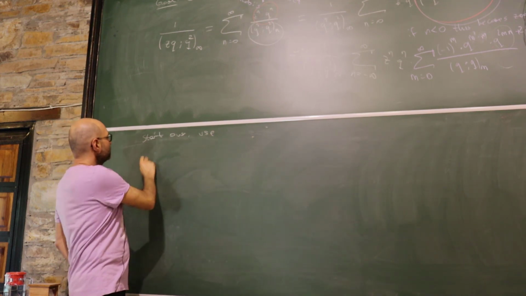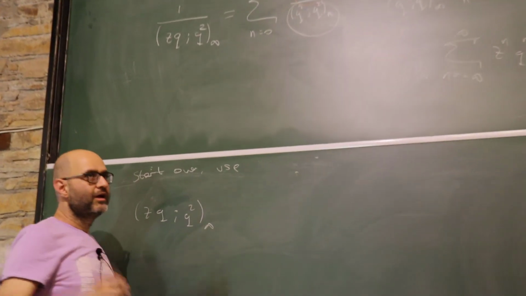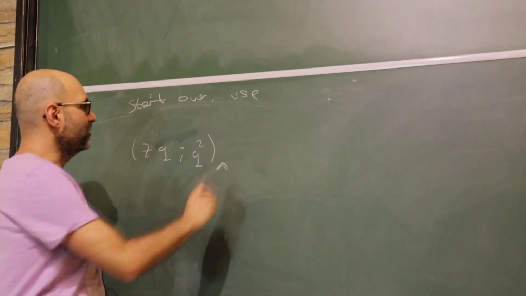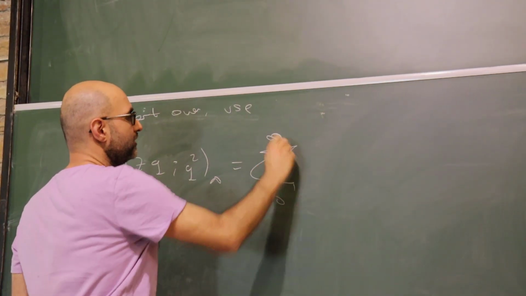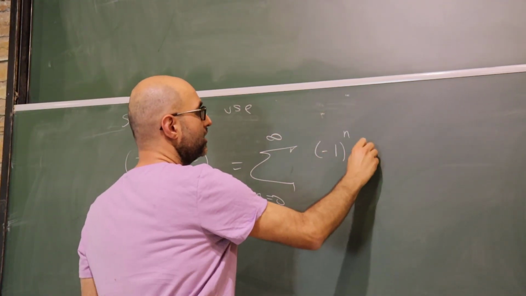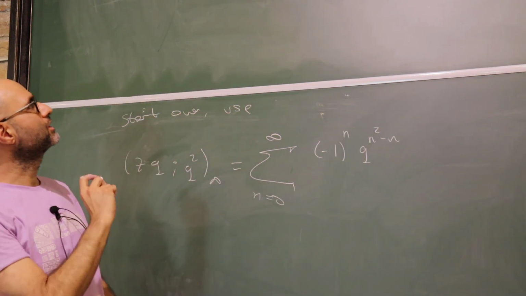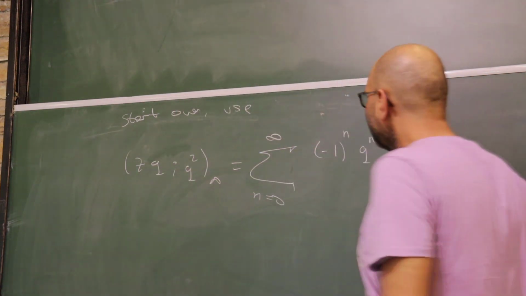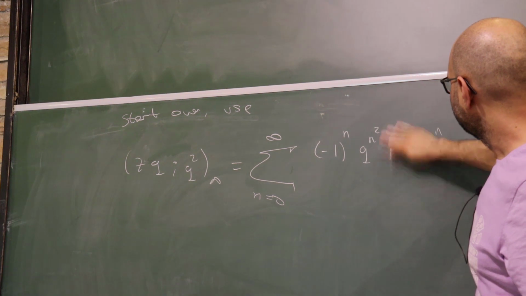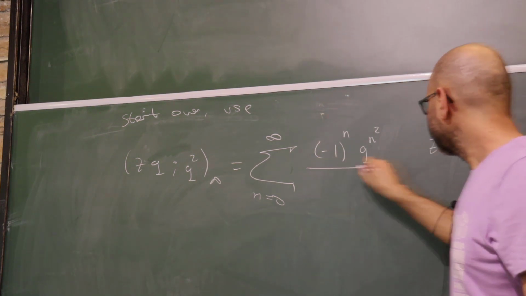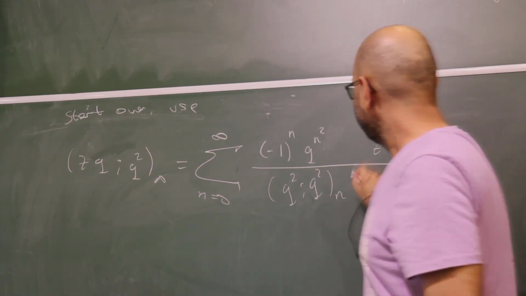Start over, use q squared sub infinity in the numerator, not in the denominator. Okay, this time we will have from n equals 0 to infinity, minus 1 to n, q to n squared minus n. Yes, the quadratic powers will come from here, times the argument z to n, q to n, so you can forget about this minus n there, q squared sub n.